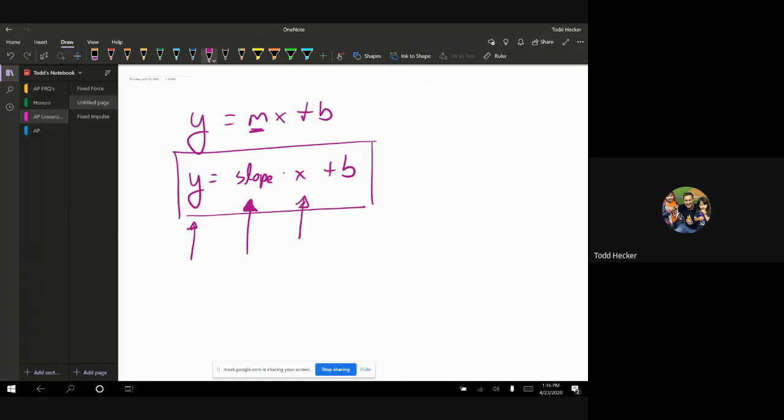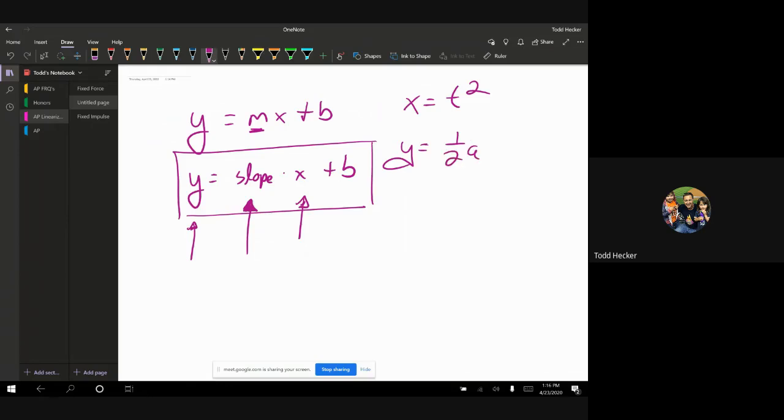Now, please keep in mind that your variables x and y can be something else. It's not uncommon to have on your x-axis maybe time squared, and maybe on your y-axis you've got, I'm just going to make something up, half of your acceleration.